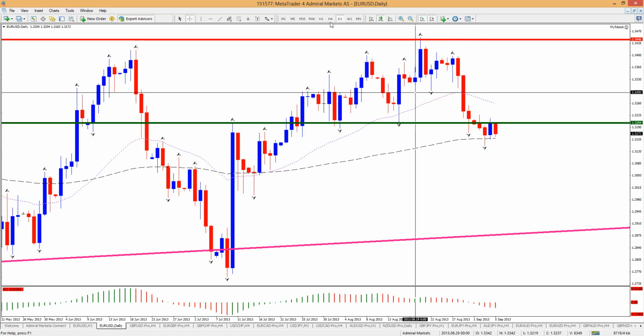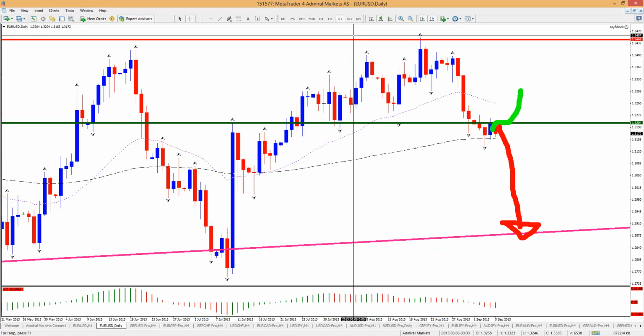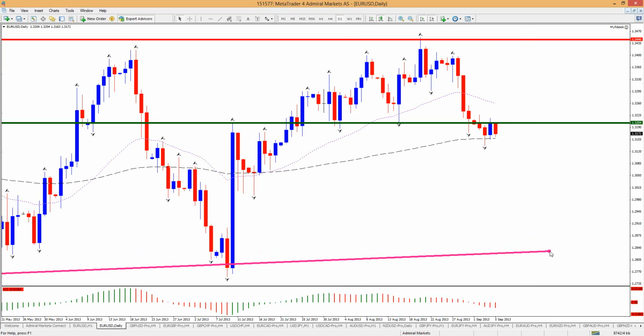So question is, will we get that bigger retrace that I was talking about, or will we just fall in one straight shot to the bottom of that daily wedge or weekly wedge, indicated by this pink line? It could be a bit lower as well. So about just above halfway approximately.